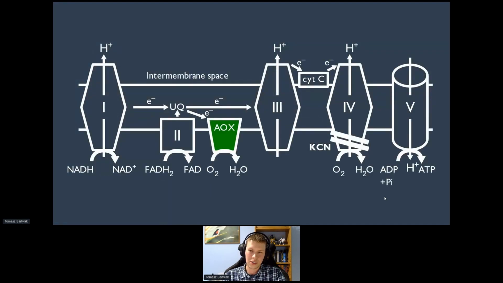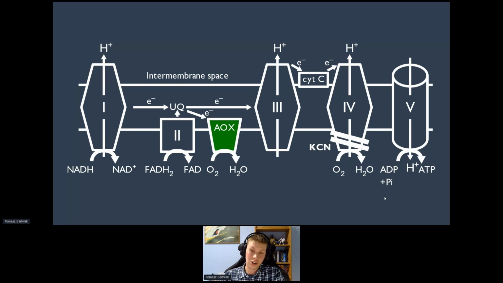Also, as you can see, cyanide blocks complex 4 of the respiratory chain. And as the name suggests, there are a lot more. What I would like to do is test cyanide in combination with inhibitors of other complexes to see how those animals will react.